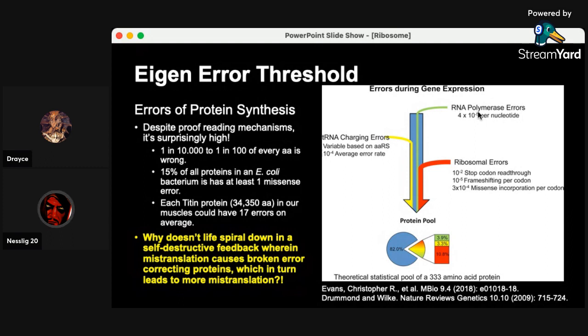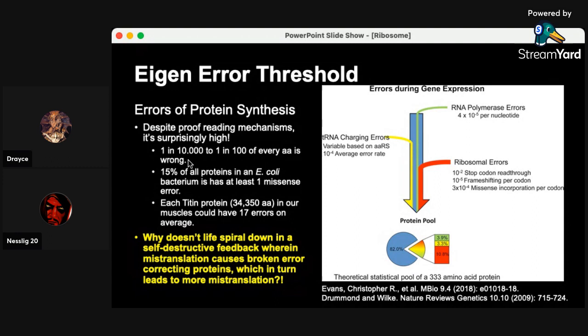For example, RNA polymerase has this error rate. Transfer RNA can sometimes be mischarged with the wrong amino acid. But by far the biggest error rate is the ribosome itself, where you can have frame shifts during translation, where sometimes a codon gets skipped. So the error rate of protein synthesis is surprisingly high.